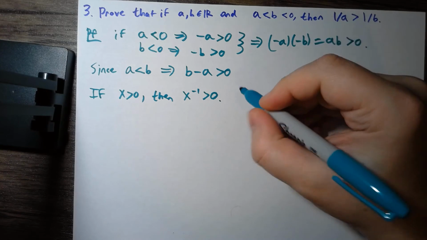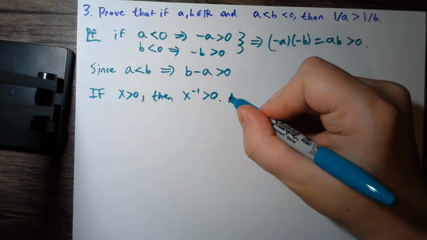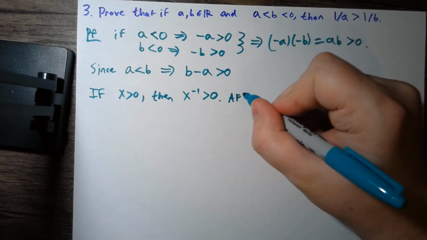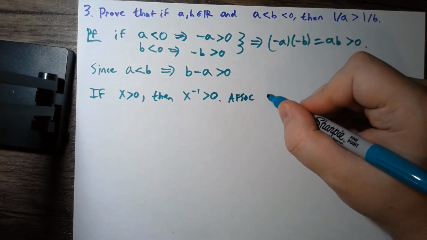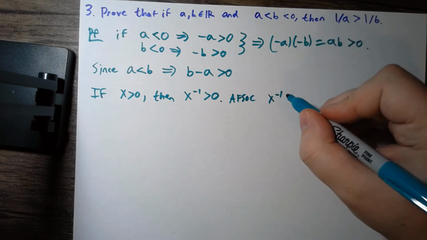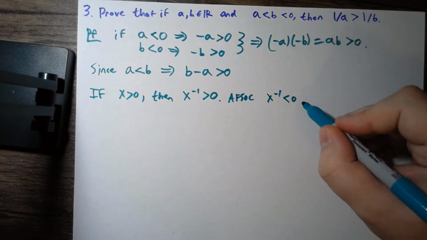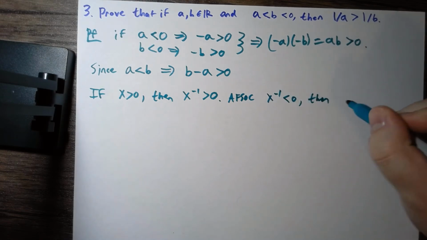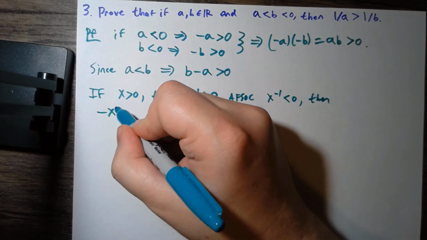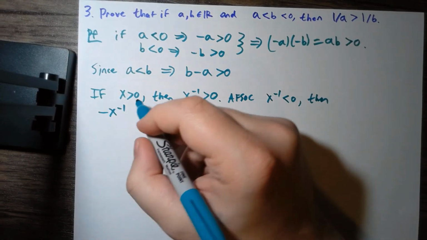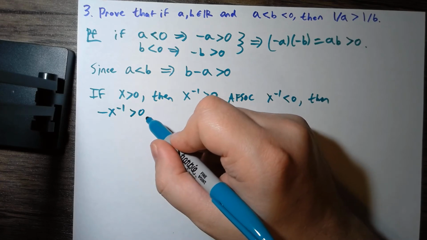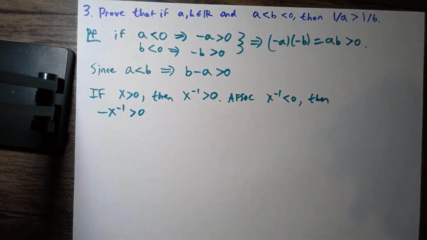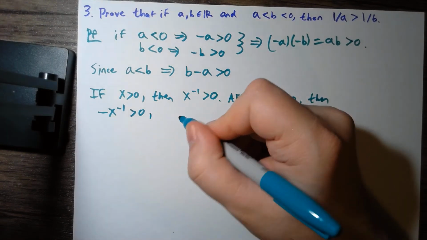The way you prove this is assume not. So assume for sake of contradiction that, say, x inverse is less than 0. Then we have that negative x inverse is going to be positive. But then that means that since positive numbers, when you add them and multiply them, they stay positive, because that's what it means to be positive.